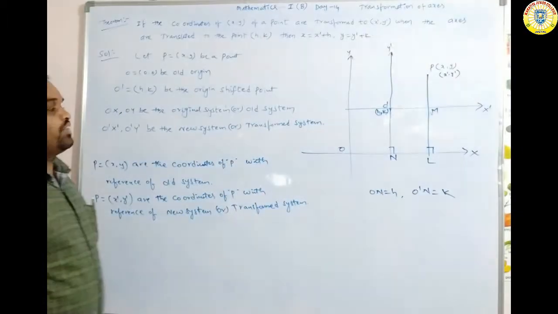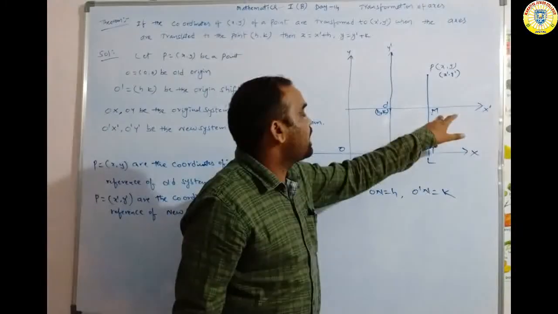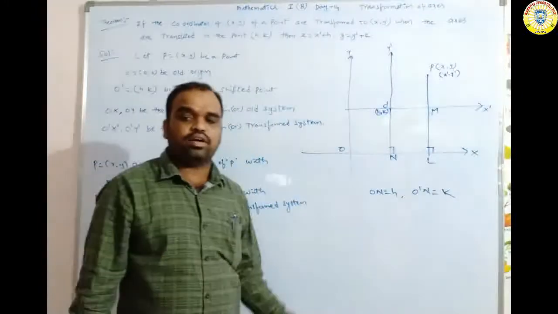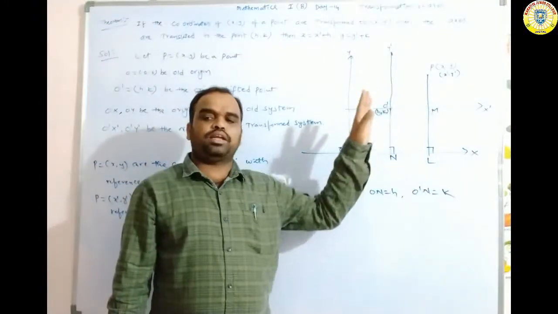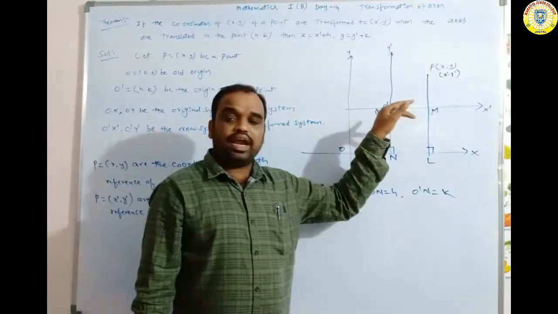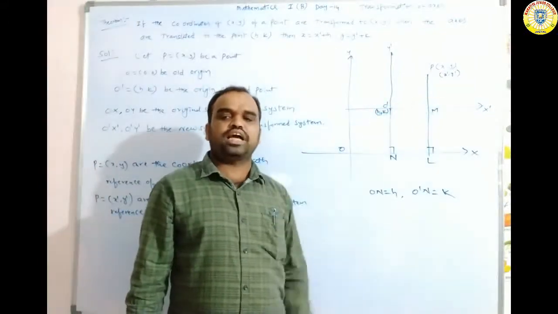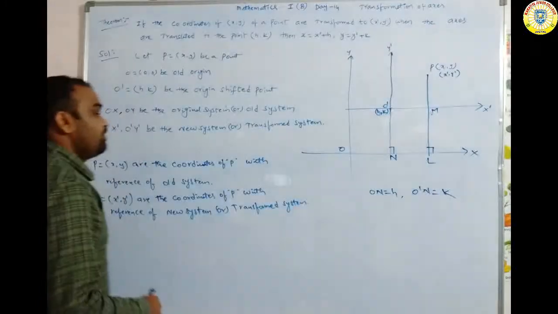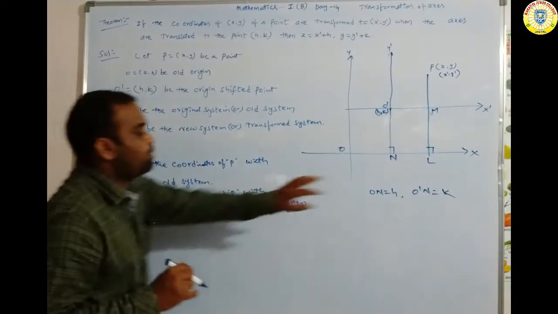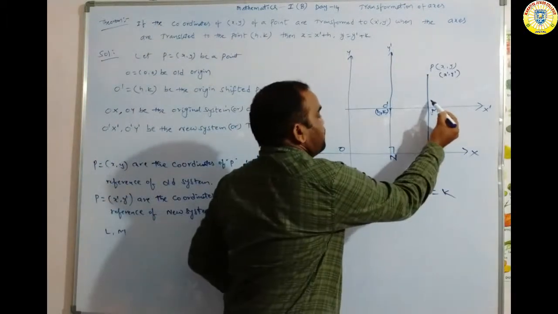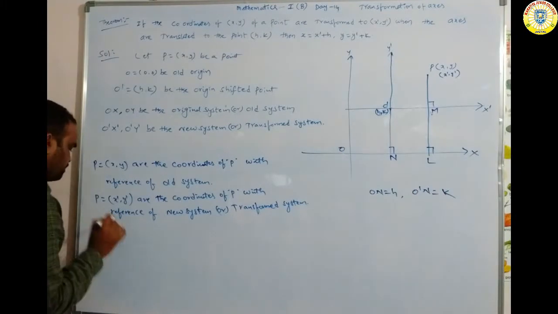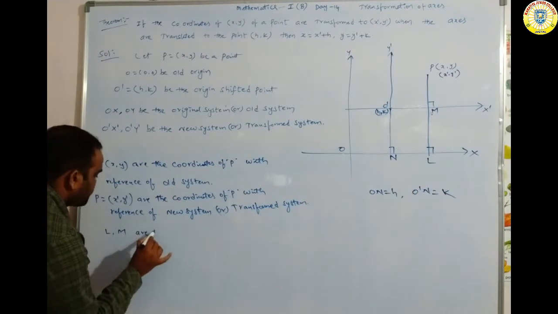Now here we draw capital L comma capital M, the projections of P on which axes? On the OX and O dash X dash axes. Here capital L is one projection and capital M is another projection.